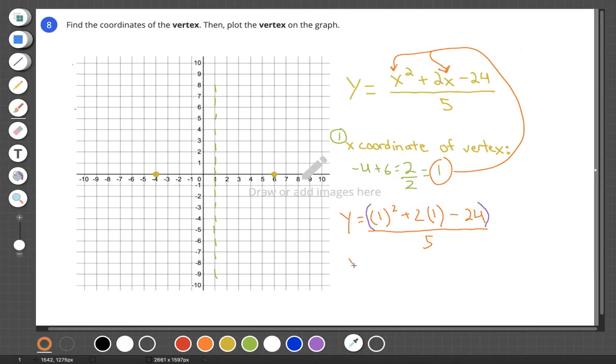So let's finish this up. y equals -4.2, which means that our vertex is 1, comma, -4.2. Okay, so we're just going to go here and estimate where that is. So 1, comma, -4. It's not going to be -5.